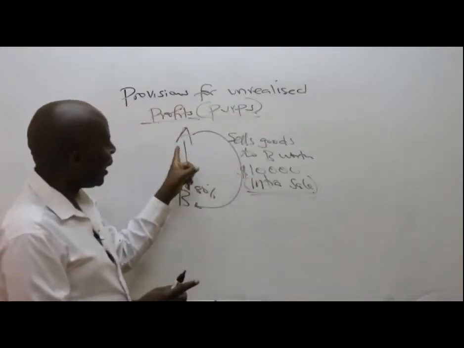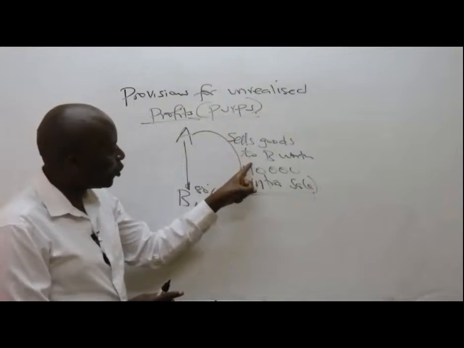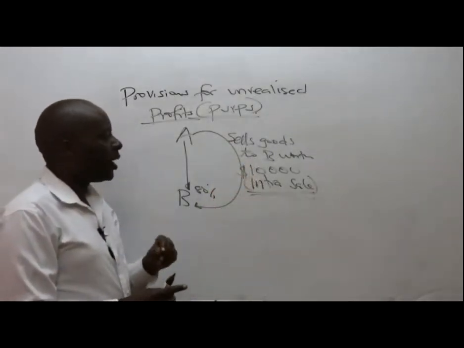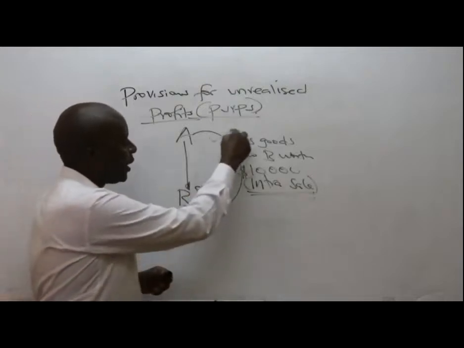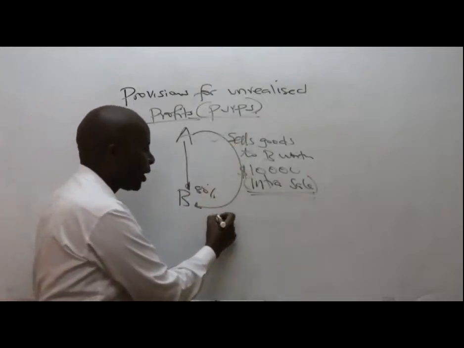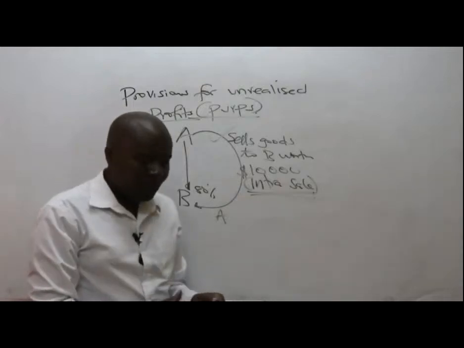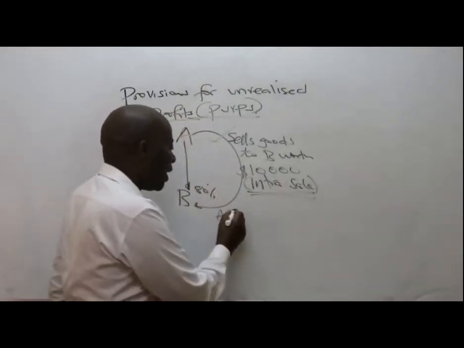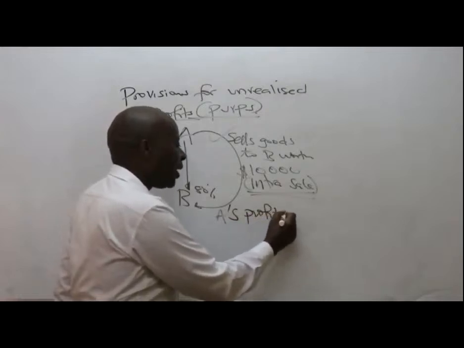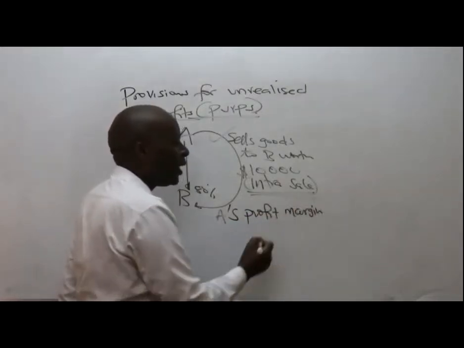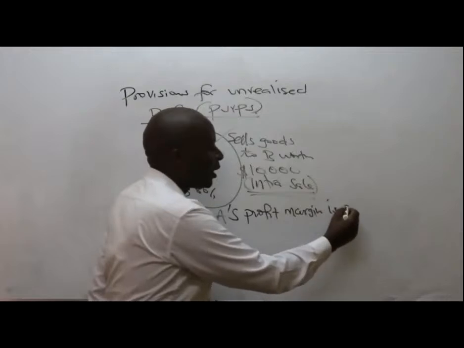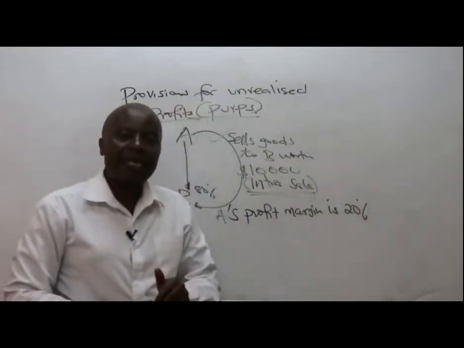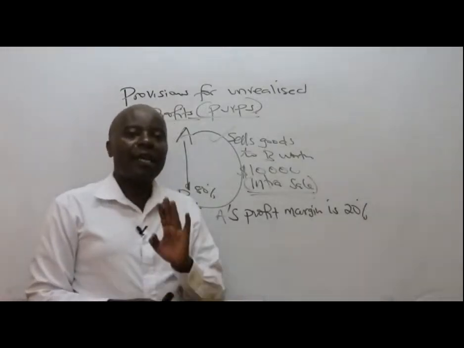We have here A, which we are told sells goods to B worth $10,000. And then we are told something very interesting, that A's profit margin is 20%.